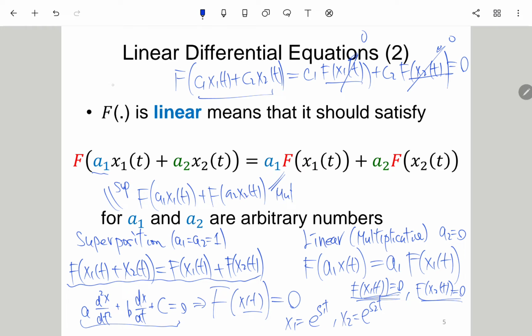This is just the complementary solution, which means that if we substitute it into the same homogeneous equation, it equals 0, so xc of t is also a solution to this same homogeneous equation.